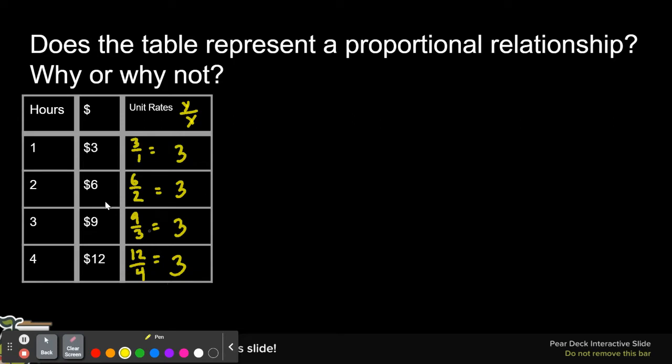Since all of our unit rates are the same, then we do have a proportional relationship, and our constant of proportionality is 3. Okay? Now, we've just shown that this is a proportional relationship. Now we're going to take this table and graph it on a coordinate plane and see what it looks like.